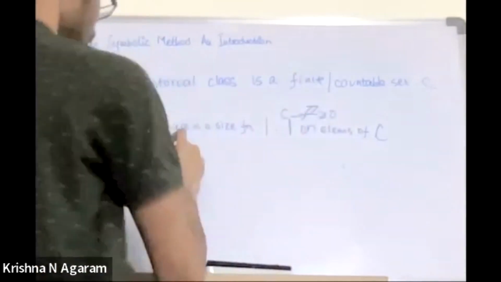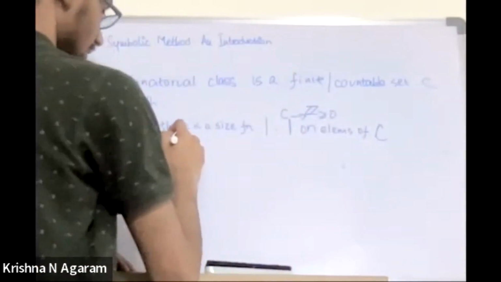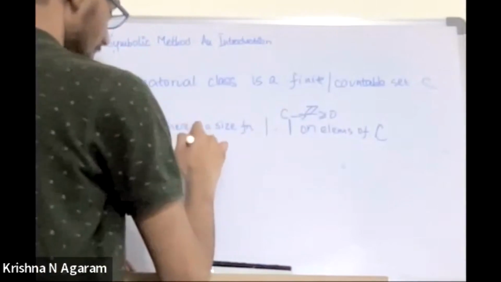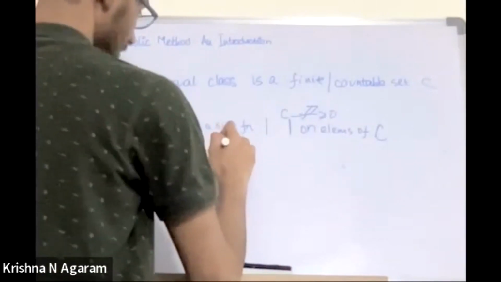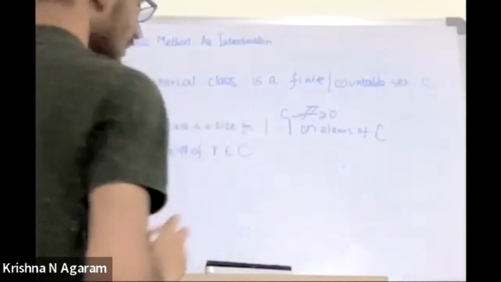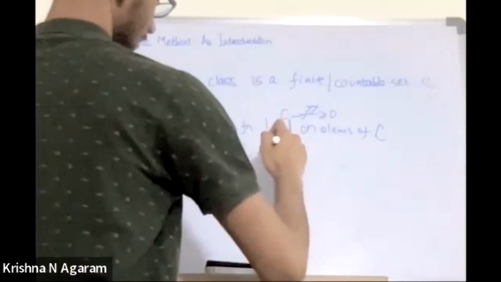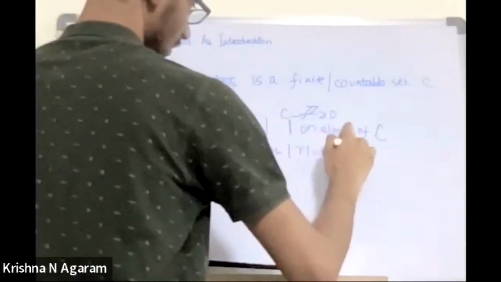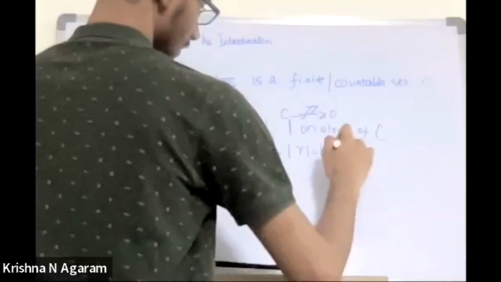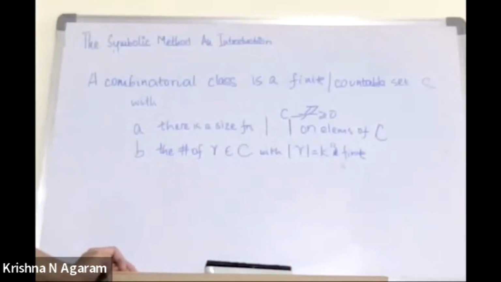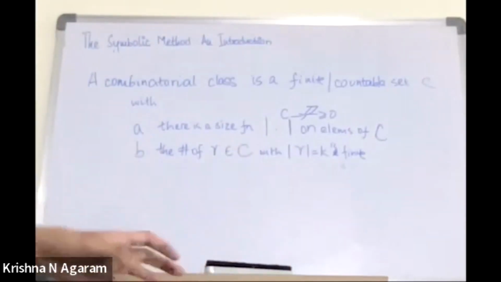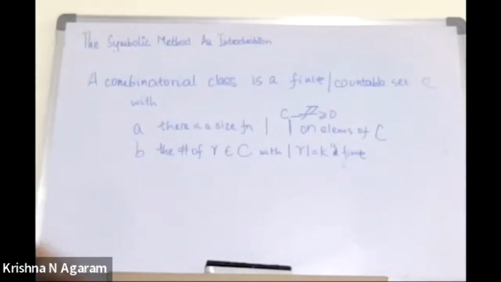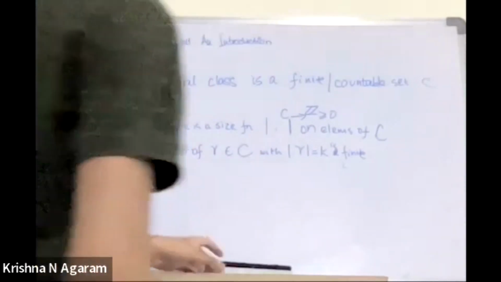So it takes elements of C to non-negative integers, and the number of elements gamma in C with size equal to k is finite. Nothing much. We're just saying that you can't have infinitely many things mapping to the same size. There's only a finite number of elements of each size.